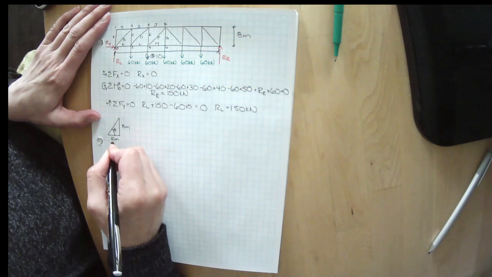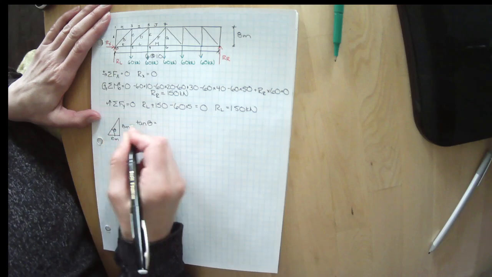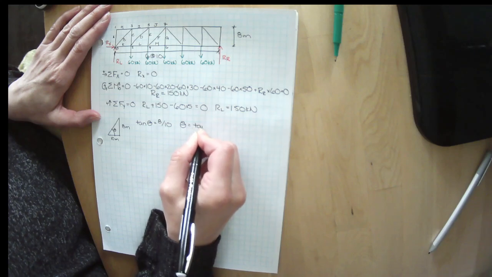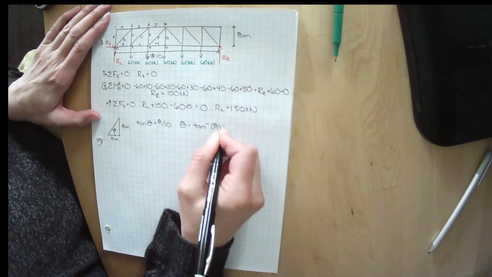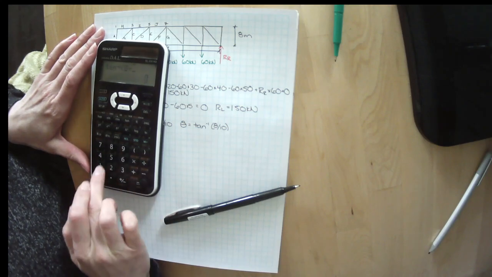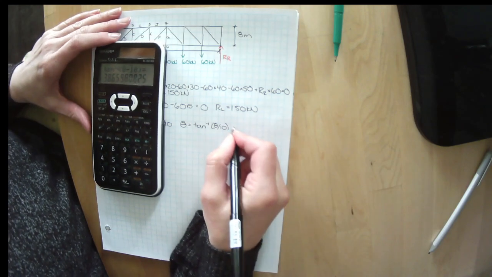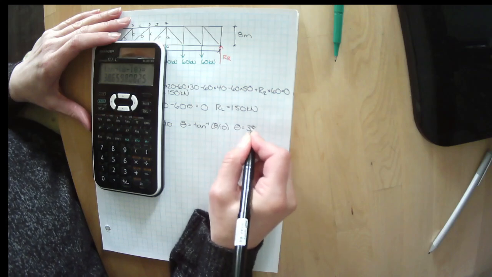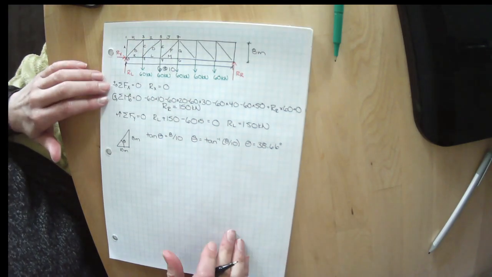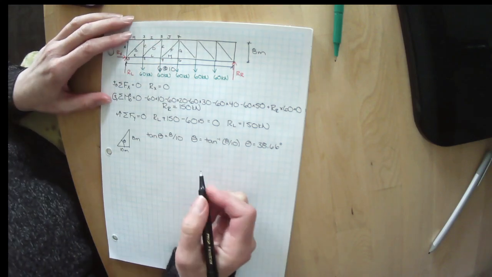We have opposite over adjacent, which is tangent of the angle equals opposite over adjacent, or our angle equals the inverse tangent of 8 divided by 10. Or we get an angle of 38.66 degrees.